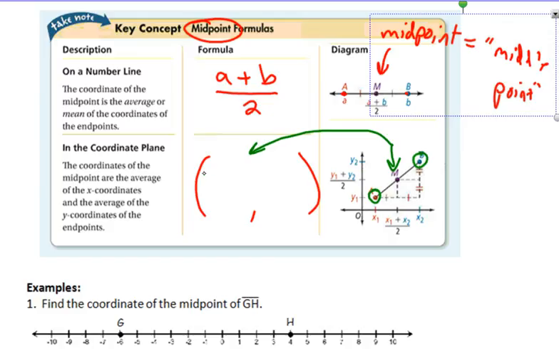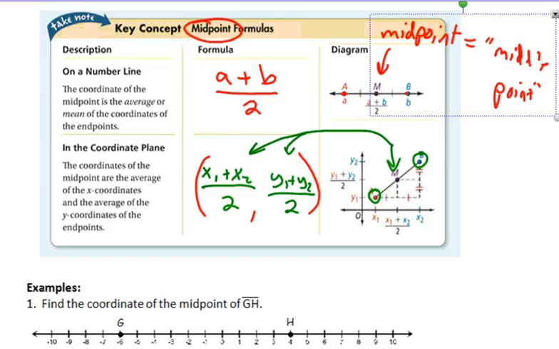We have the first x plus the second x, divide that by 2. And then to find the y value, do the same thing, only we do the average of the y. So we take the first y plus the second y, and divide that by 2. And then you get the average of both the x and the y, which will be our midpoint.